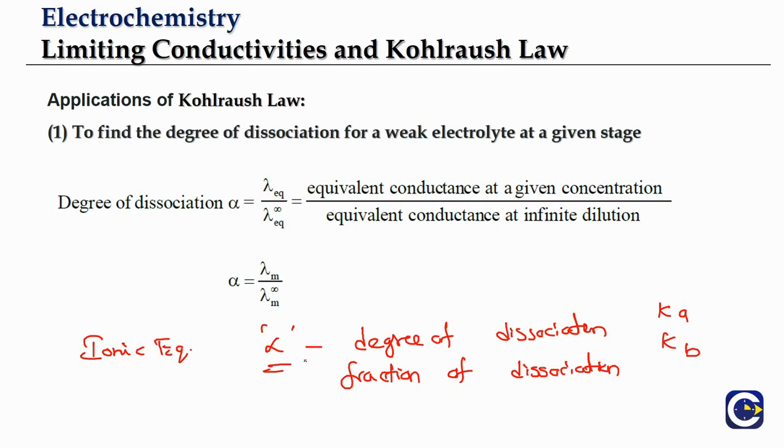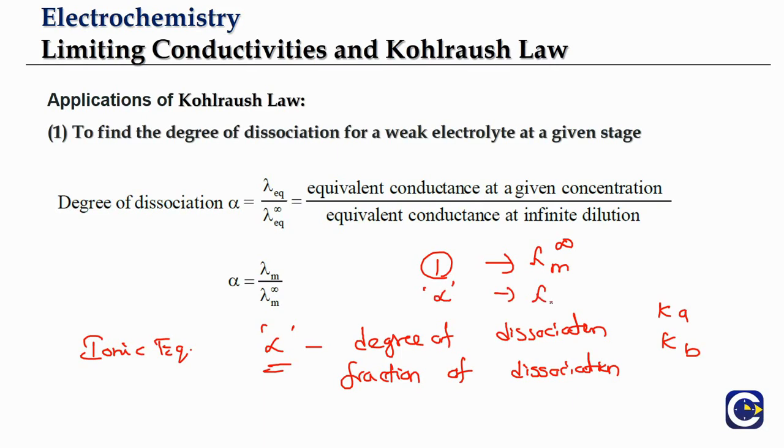For any electrolyte, if the electrolyte is fully dissociated, then the fraction of dissociation will be 1. As a result, the molar conductivity will be lambda m infinity. At a given concentration, if the degree of dissociation is alpha, only an alpha fraction is dissociated.